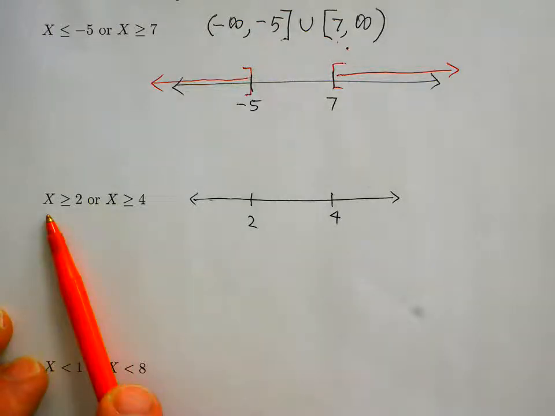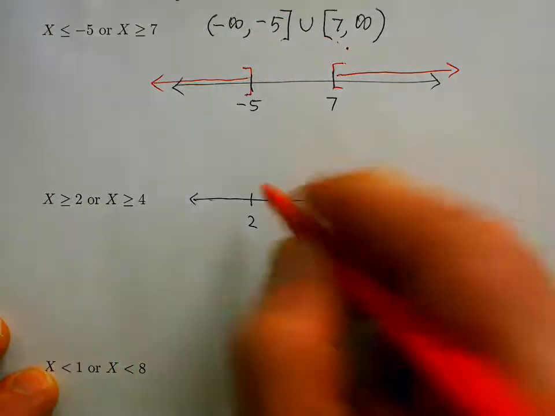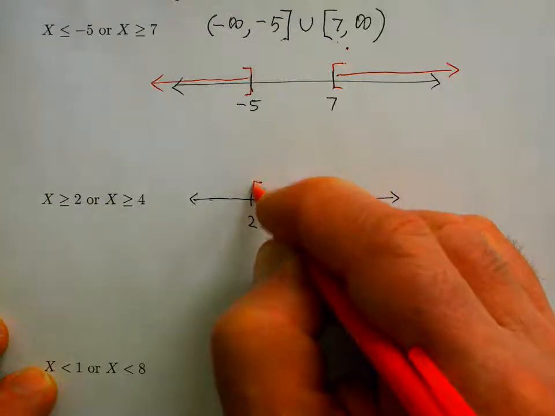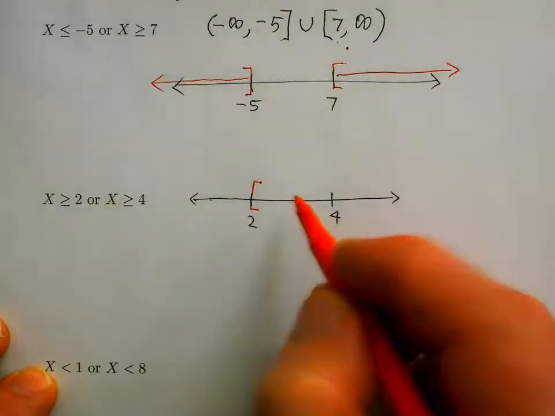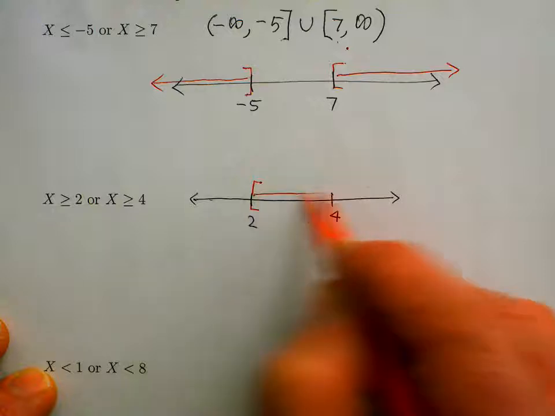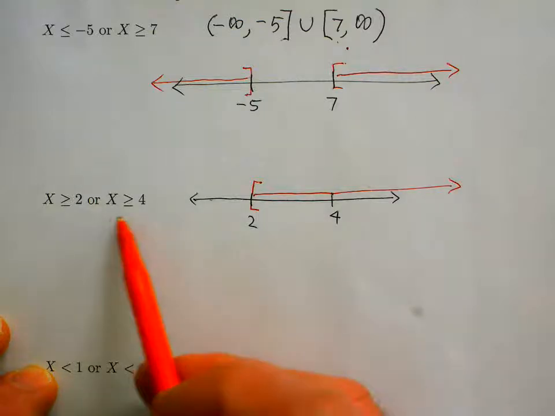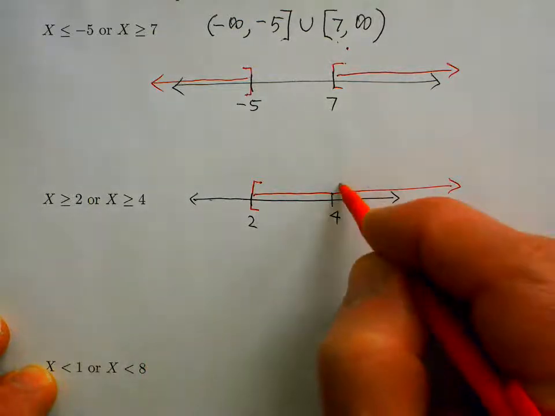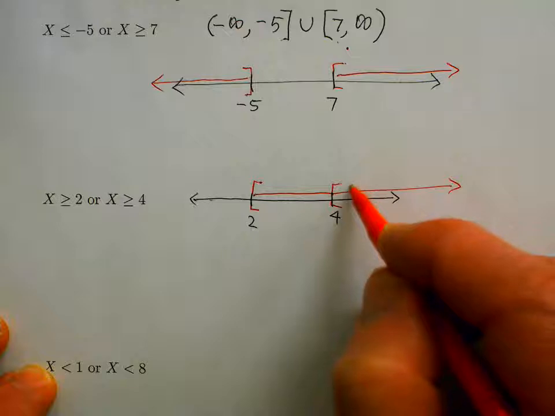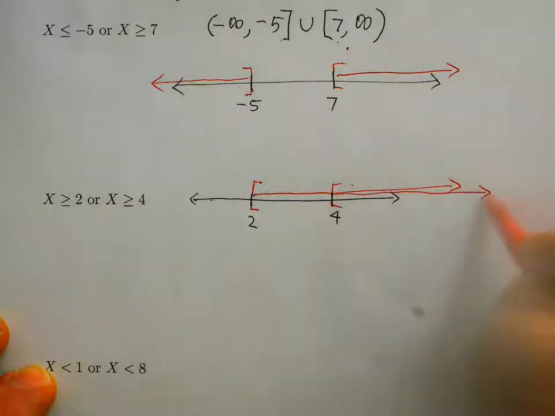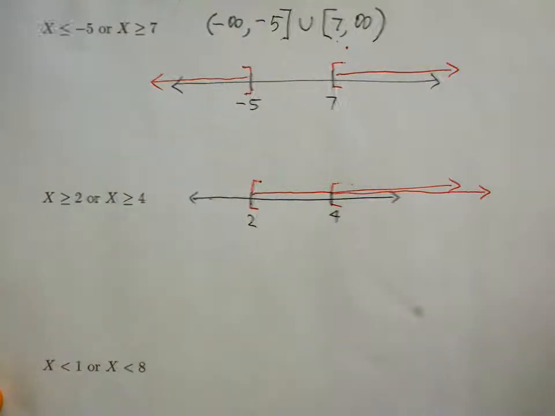If x is greater than or equal to 2, then we put a bracket at 2 that opens to the right and shade to the right. And if x is greater than or equal to 4, I put a bracket at 4 and shade to the right. So what's the union of the two sets?